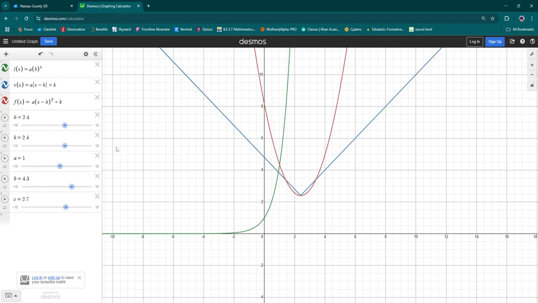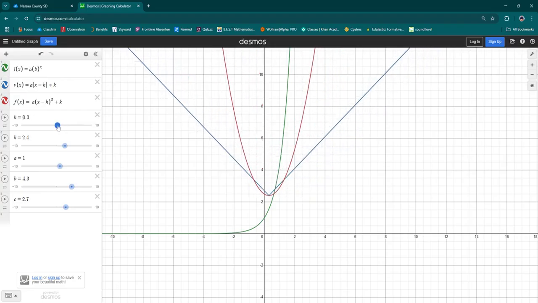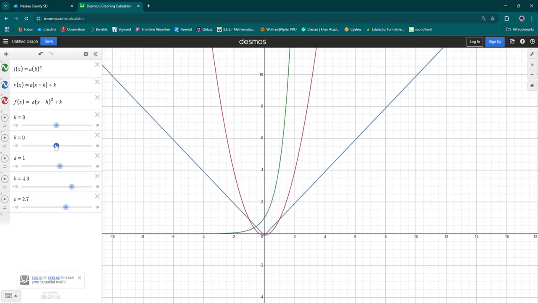All right, so now let's shift this back to 0 and this back to 0. And we're back on the origin as the vertex.